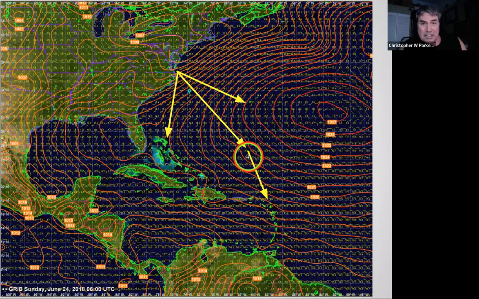So if that's going to be the case, we're going to want to time your transits through that trough for a time when there's relatively less of a compression zone and when the trough is relatively weaker. And we are also going to want to ensure that, even if conditions aren't that bad, you have enough easting in before you turn south that you can handle any winds that are maybe in the 20 to 30 knot range with 8 or 10 foot or 12 foot seas on a beam reach or a broad reach.